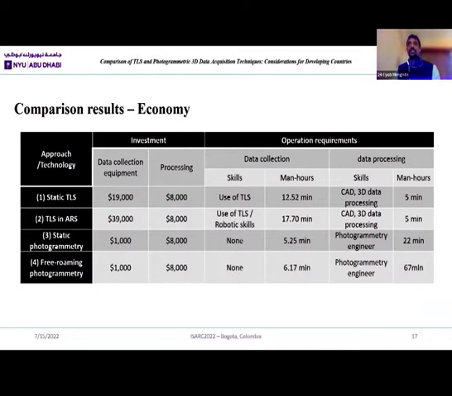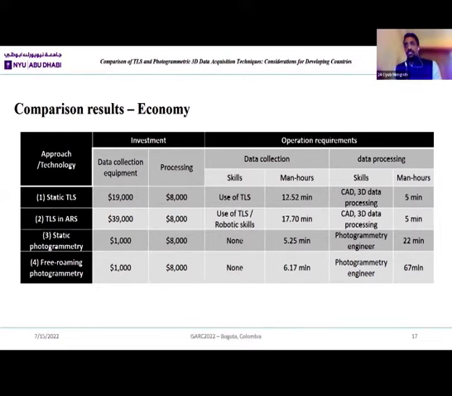In terms of operational requirements, we have two categories here, which are data collection and data processing. In data collection, the photogrammetry has no skill requirements. It's just taking pictures. However, for the terrestrial laser scanners, the person who will be monitoring and conducting this data collection needs to have skills in operating laser scanners or robotic tools.